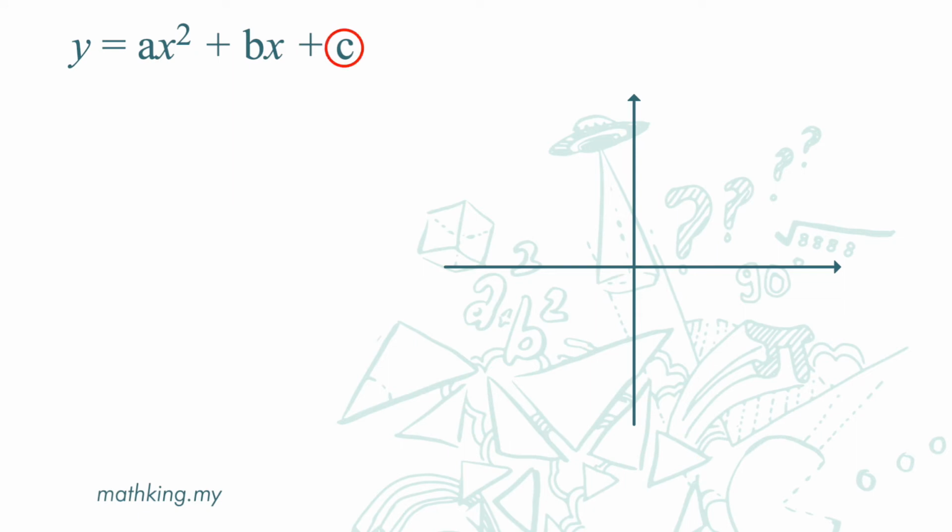Next, we look at c. This is the graph of y equal x squared. If what we have is y equal x squared plus 2, then the y value of every point will be added to.